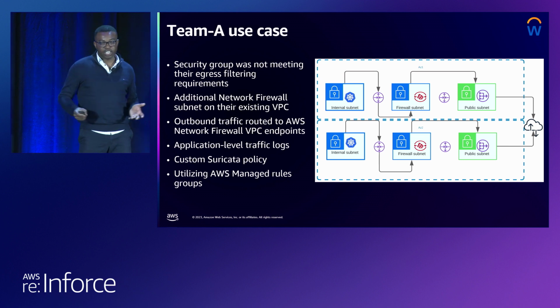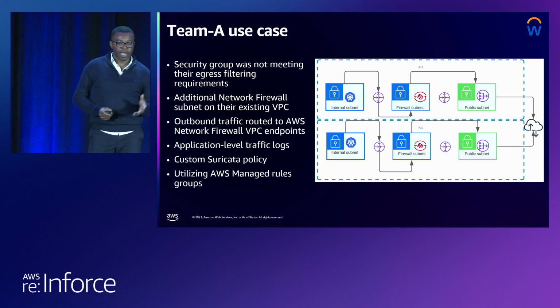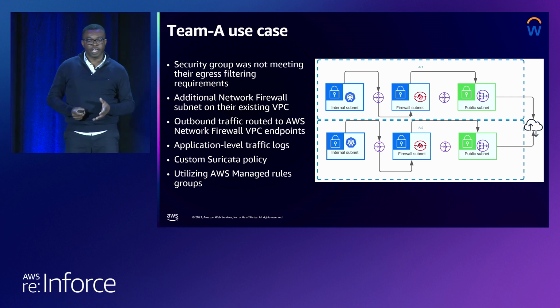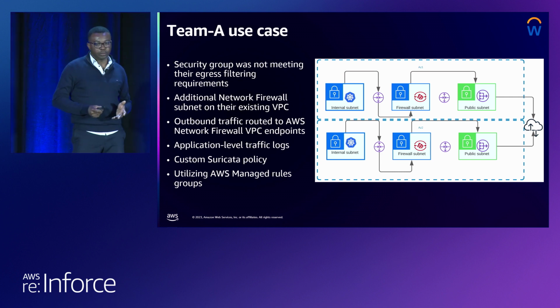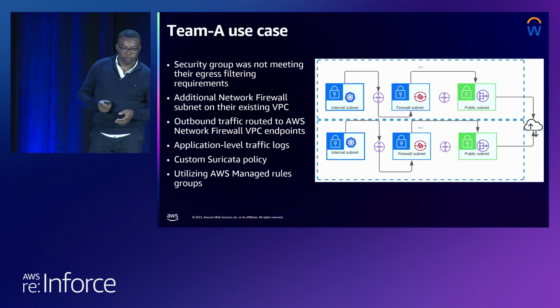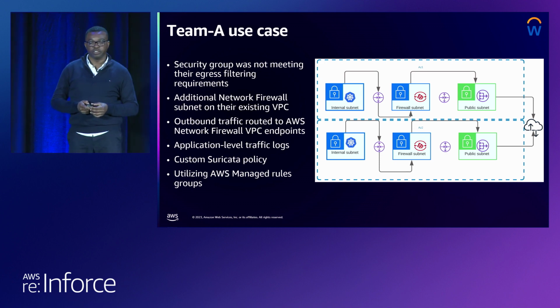They practically just had to create an extra subnet for the AWS Network Firewall, and then routed all outbound traffic to the AWS Network Firewall for inspection. And they're able to get the application level inspection and logging which they wanted. They also have some custom Suricata rules, and they utilize the AWS managed rules as well.